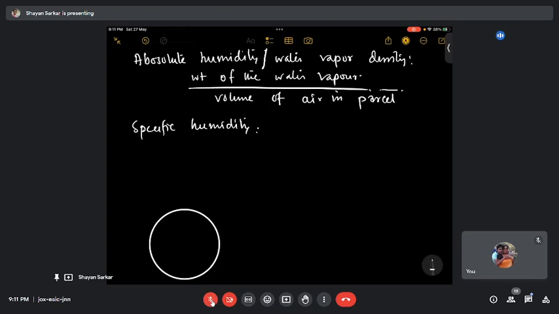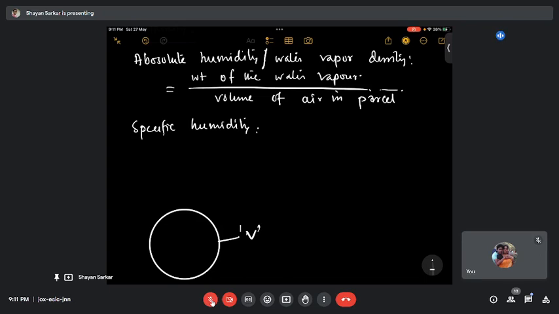This air contains some amount of water vapor, and the volume of this air is V. The ratio between the weight of the water vapor inside it to the volume of the air in the parcel is called absolute humidity.